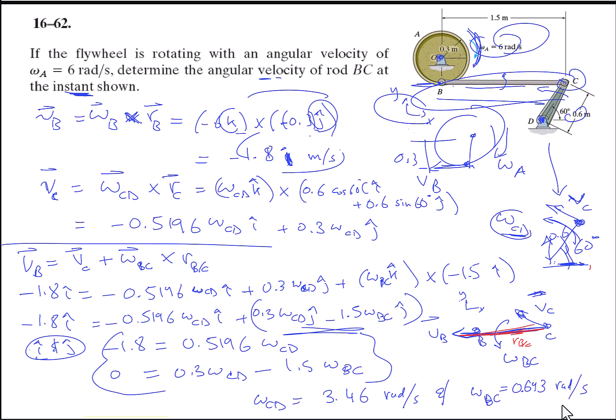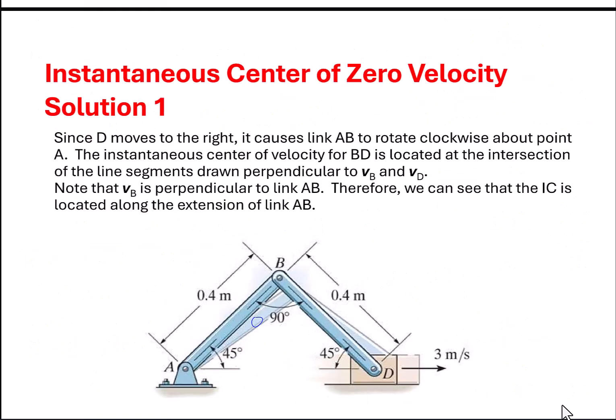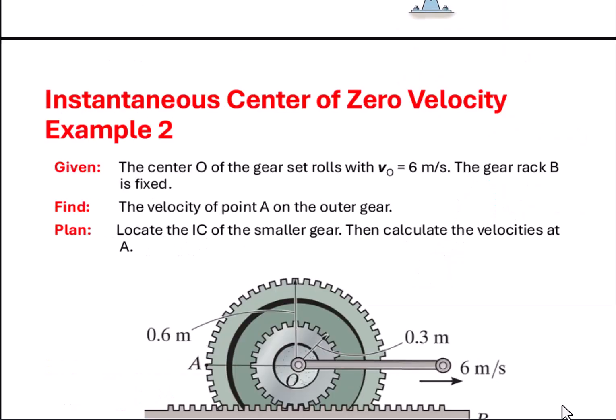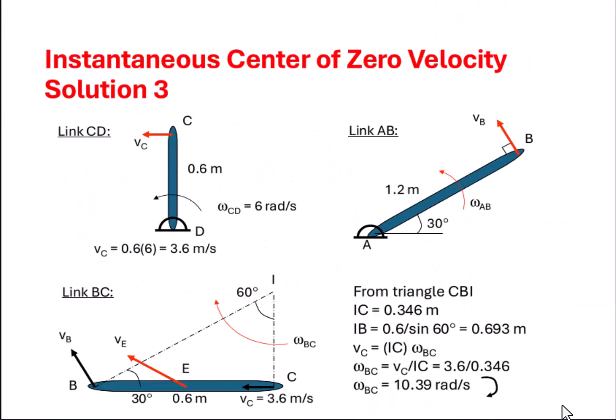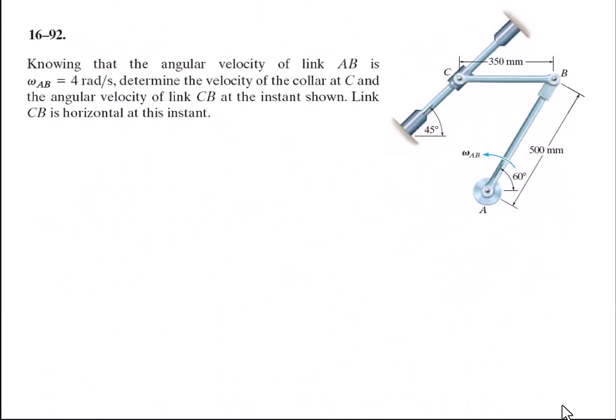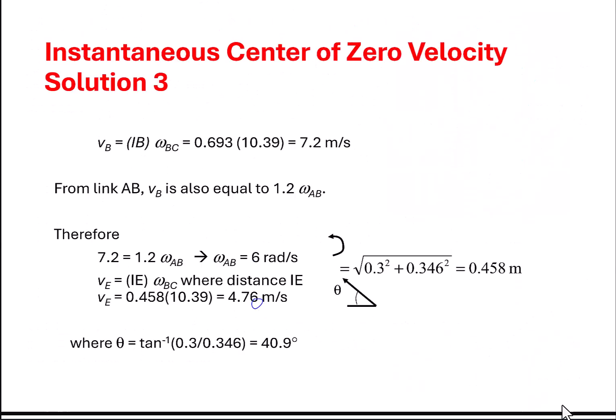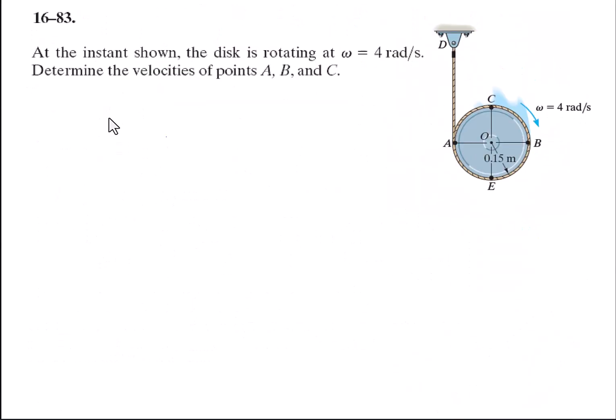Okay, we can carry on and look at these examples that we did in class. This is about the instantaneous center of zero velocity.